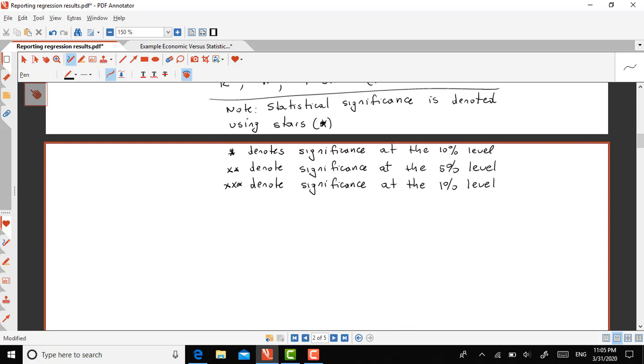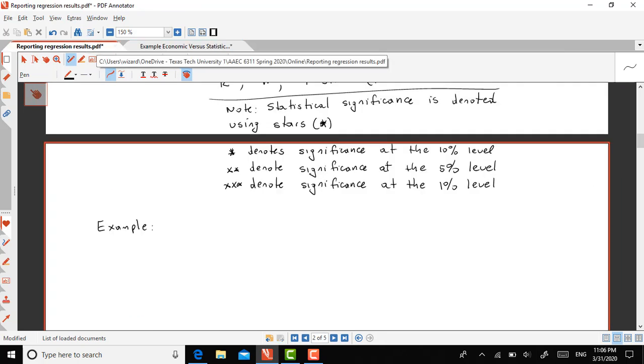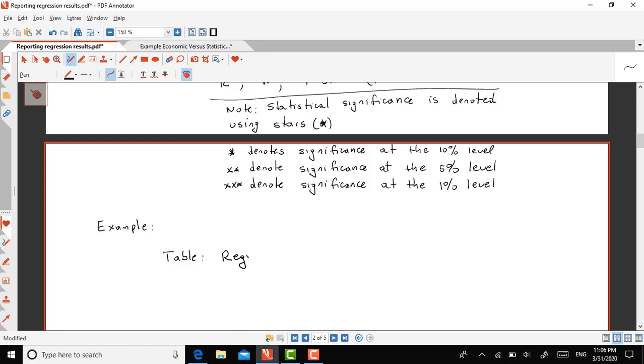Okay, so let's use our example to see how we can present these regression results in table form. Again, it's a table, so it needs to have a title, and the title always has to say regression results. You can have a longer title, but you have to say regression results using this as a dependent variable. But I'm trying to simplify things for you.